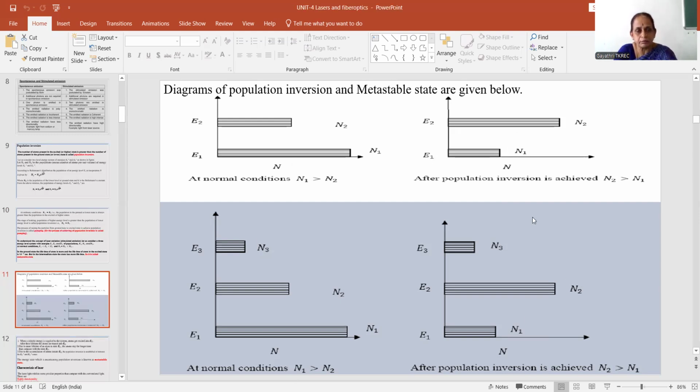Here, this is the metastable state. At normal condition, N1 is greater than N2, but once population inversion has happened, then N2 is greater than N1. The population of the intermediate energy state, that is the metastable state, will be greater than the population of the lower energy state.